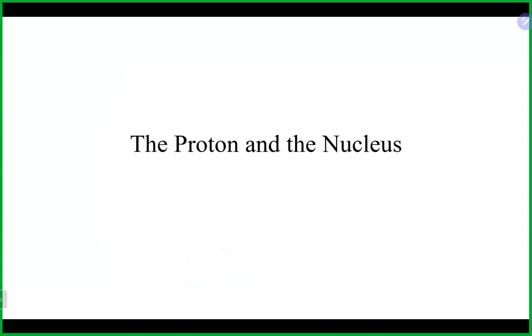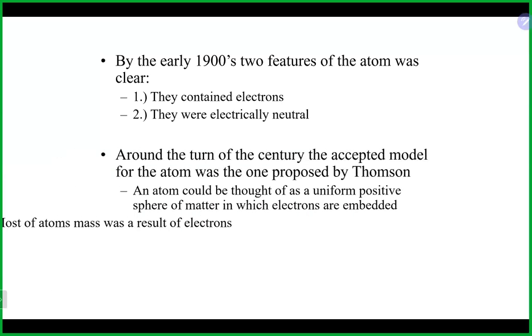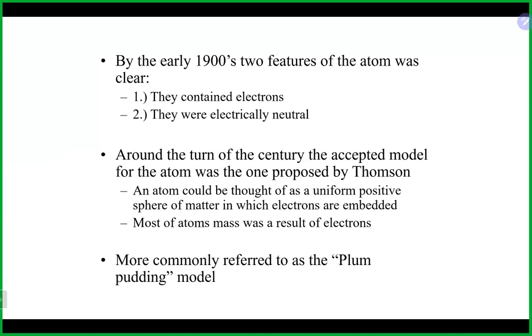So now that we have some understanding of the electron, we did think, obviously, there were some other particles involved in the atom. So now we're going to talk a little bit about the proton. And by the early 1900s, there were a couple of things that were really clear about the atom.